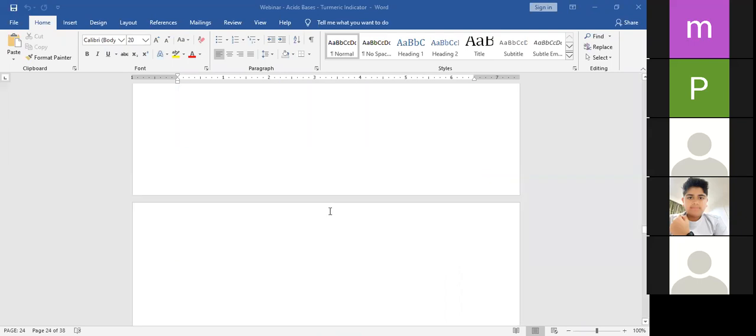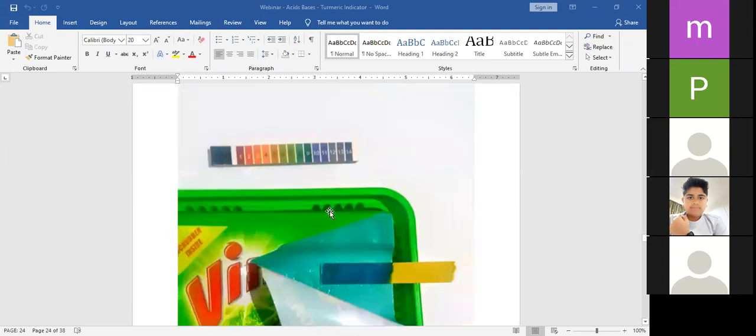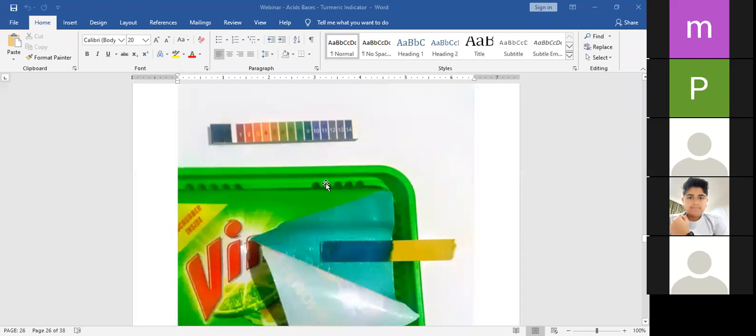Now we have tried an acid substance. Let's try a basic substance. So I've tested it with Wimbar. And what do you think this color on the pH leaflet matches with? Which number does it match, do you think? 7, 8, 9, 10, 11, 12. Which one do you think it matches?